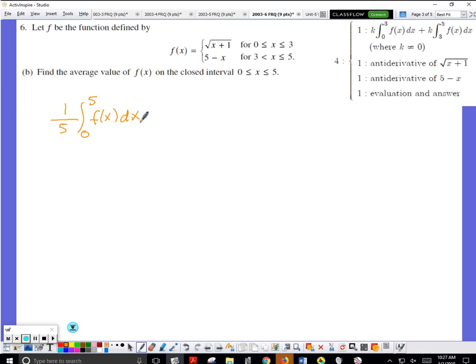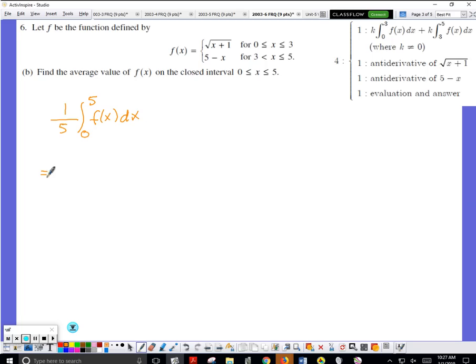Okay, in this case, f has two different formulas. So I have to now split the average into two different integrals. You can't do it the other way around. You can't take two different averages. That's not what we're doing. We're averaging f from here to here. So this integral can now be broken into its two parts.